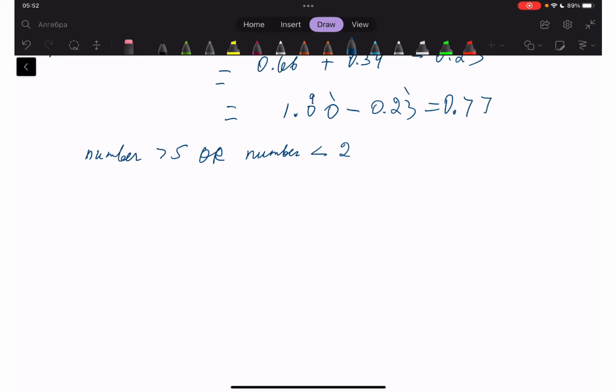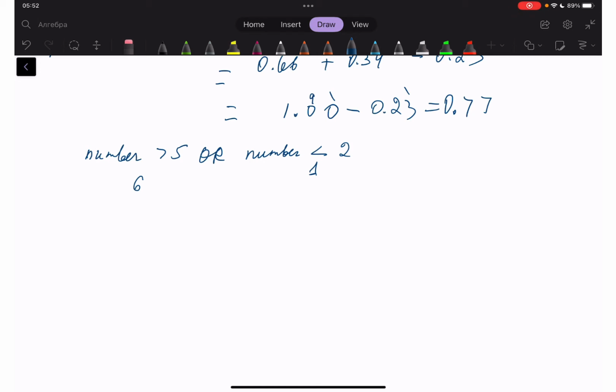Greater than 5, it doesn't say greater or equal. So only greater than 5, it's going to be 6, right? And less than 2, it's going to be 1. Correct? Let me see. Yeah, it's going to be 1.